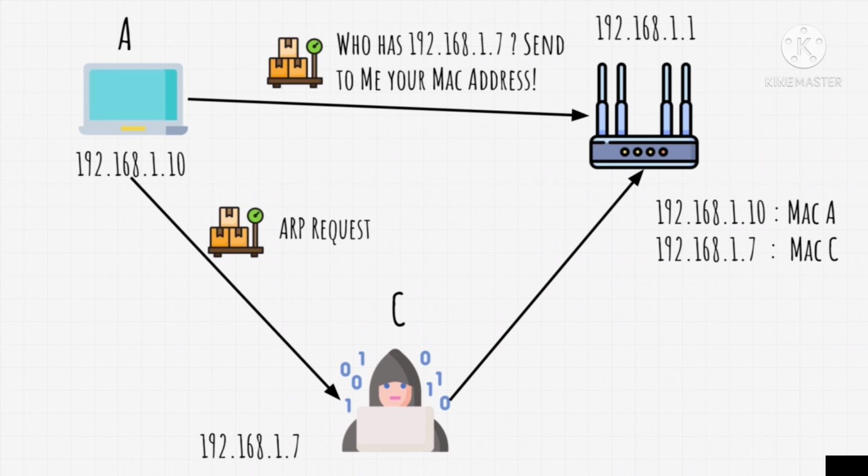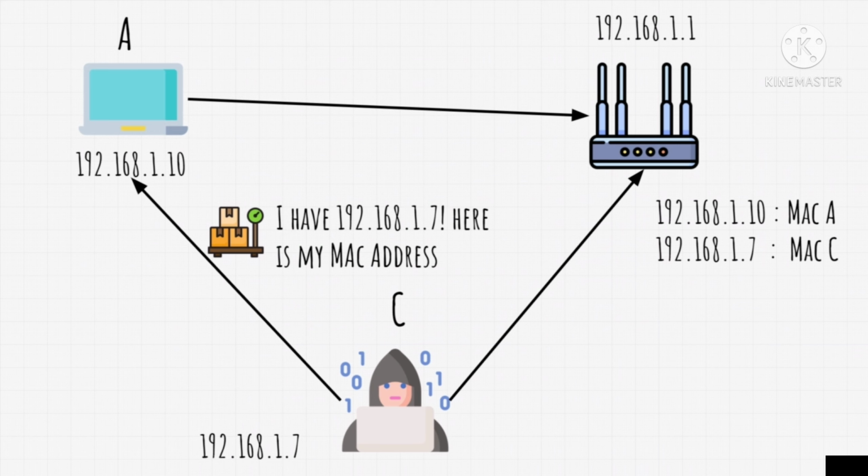And with that ARP request, the machine A asks who has an IP address of 192.168.1.7. And it also tells, send me your MAC address if this is your IP address. In this scenario, our Kali Linux machine receives the request and it gives an answer. It says, I am 192.168.1.7 and here is my MAC address.